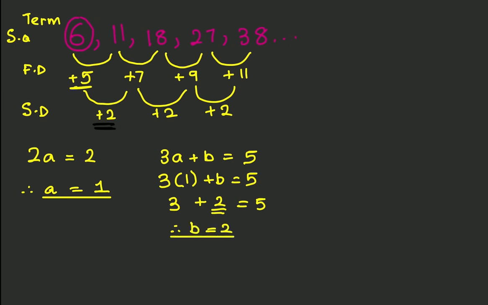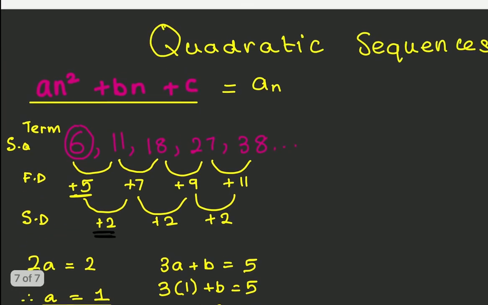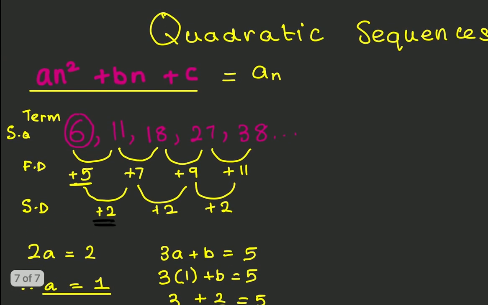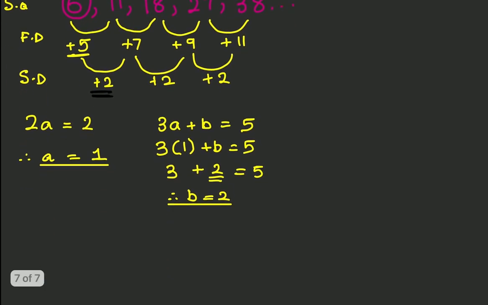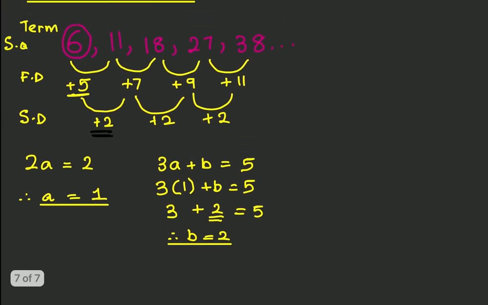Now let's solve the third and last unknown variable, which is c. The formula for it is a plus b plus c is equal to the first term of the sequence, which is 6 in this case.